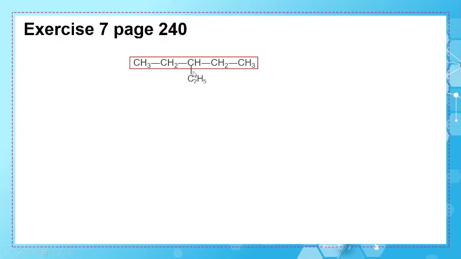This one represents the branch, so it's attached to carbon number 3, counting 1 2 3 or 1 2 3, the same number in the 2 directions. So it represents the 3-ethyl, and we don't have a space between the name of the alkyl group and the name of the main chain, and pentane, since we have 5 carbon atoms in the main chain.